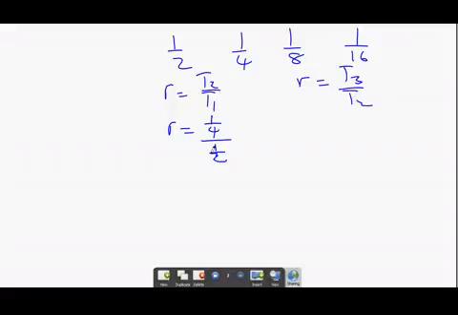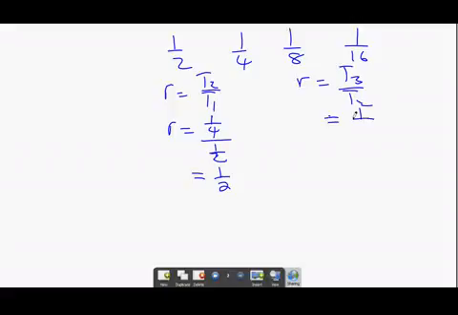Now you must be very careful when you divide. If you punch your calculator directly, you will see that 1/4 divided by 1/2 gives you 1 over 2. You don't have to work it out laboriously. Then we also work out the second one.